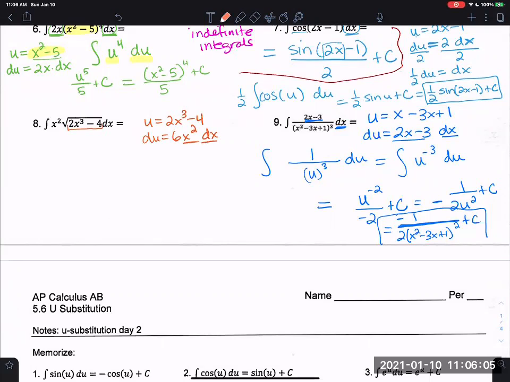I need to, if you will, do something with the 6. So what that means is, when I divide by 6, I have 1/6 du is equal to x squared dx.